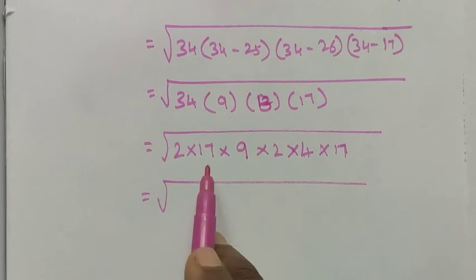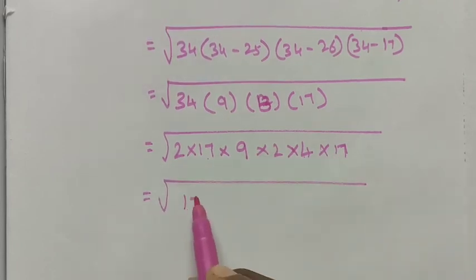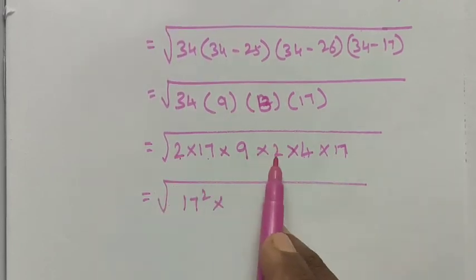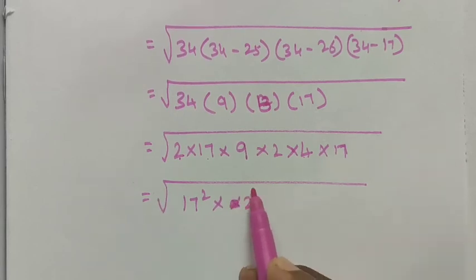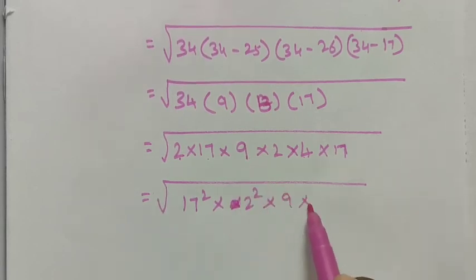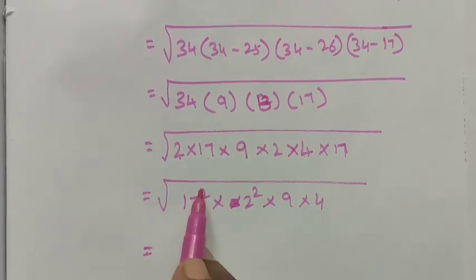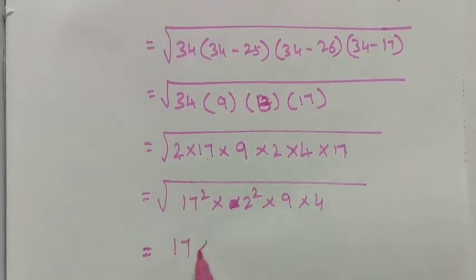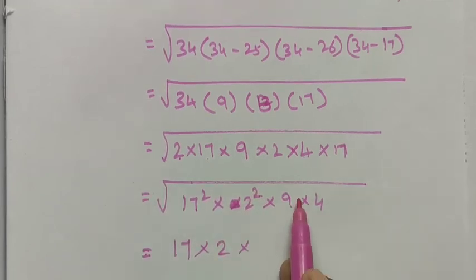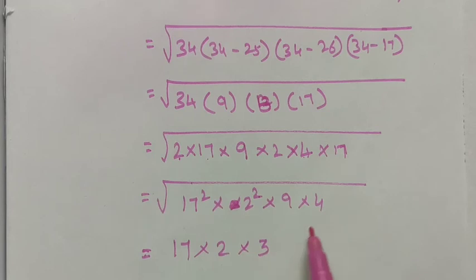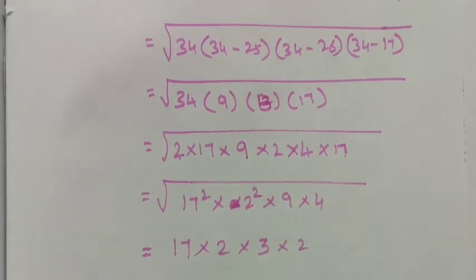Now this term is 17 into 17, 17 square. 2 into 2 is 2 square, into 9 and then 4. Now we want to cancel the square root. Root and square will be cancelled, so we get 17 into 2. Here 9 is a perfect square number, so we get 3. Root 4 means we get a perfect square number, that is 2.